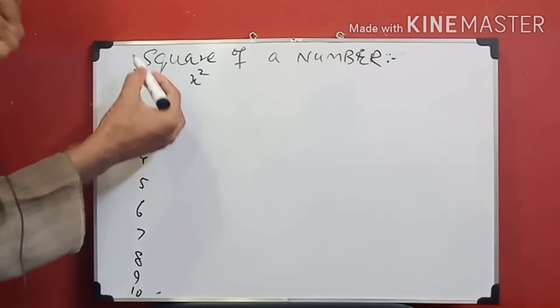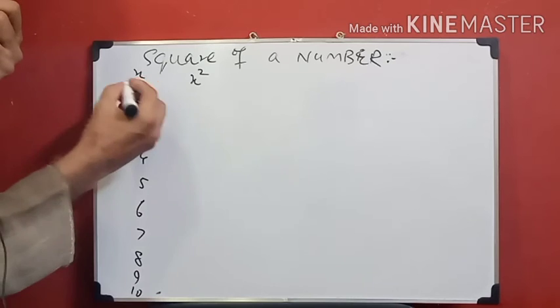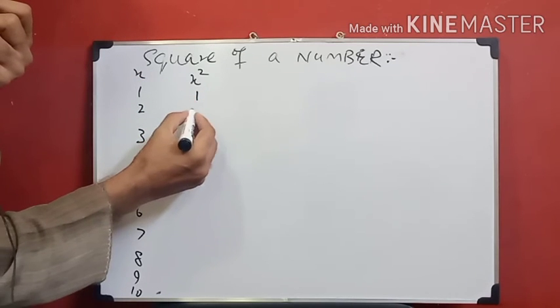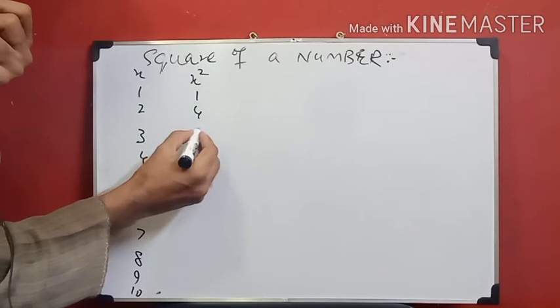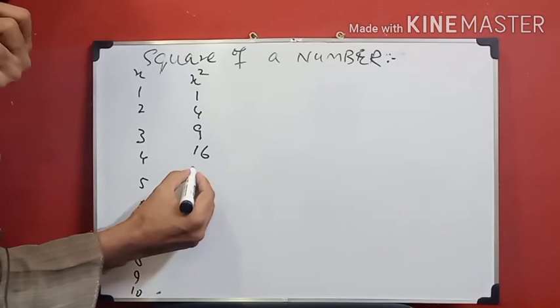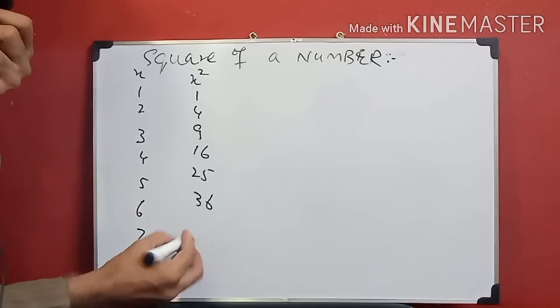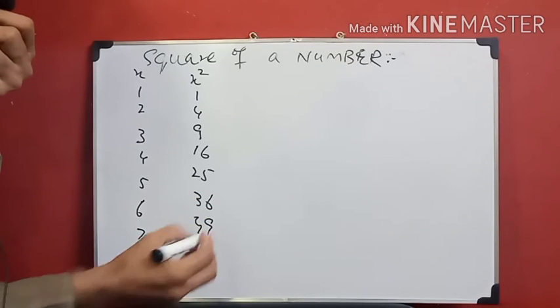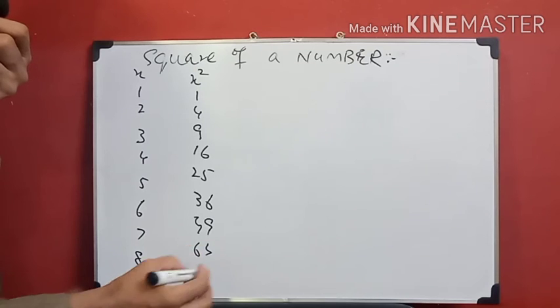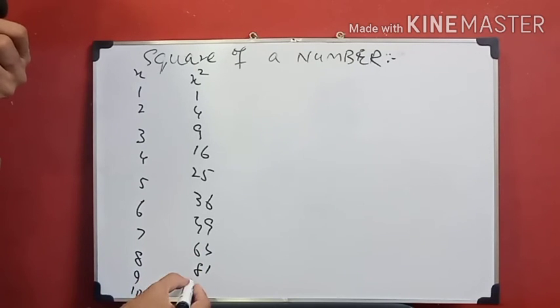Okay, the numbers 1 to 10 are the very easiest for us. 1 1s are 1, 2 2s are 4, 3 3s are 9, 4 4s are 16, 5 5s are 25, 6 6s are 36, 7 7s are 49, 8 8s are 64, 9 9s are 81 and 10 10s are 100.